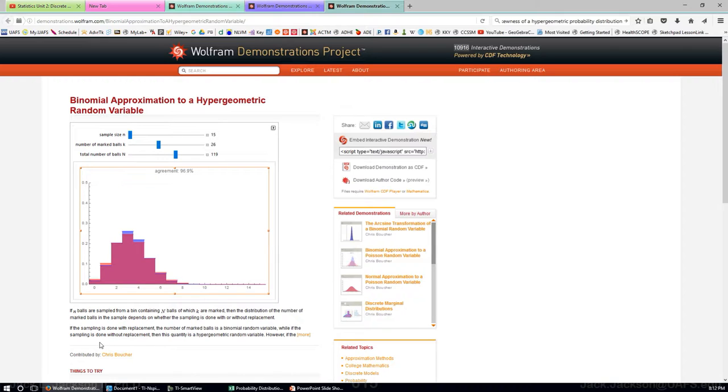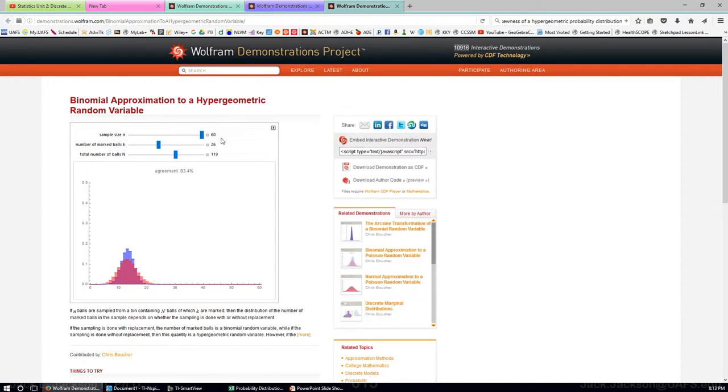And you're going to see the difference between doing it with replacement and without. And so you're going to get the two distributions here. We're going to see these two overlaid on top of each other. One of these distributions is the binomial, and the other is the hypergeometric.